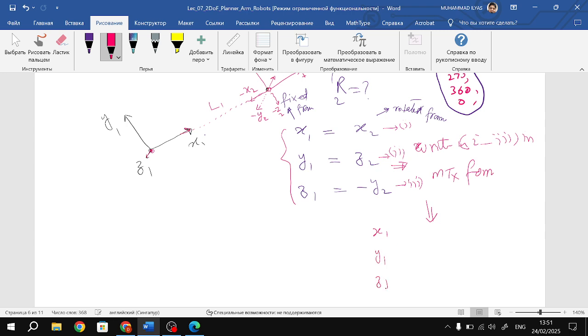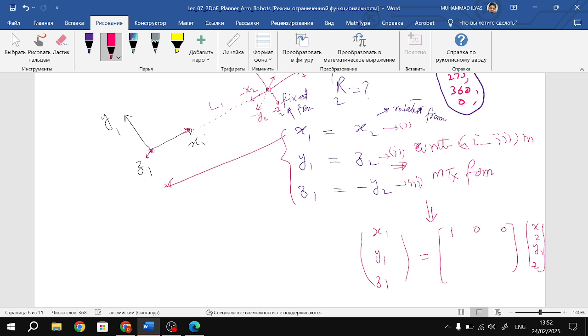x1, y1, z1 in terms of x2, y2, z2. What will be the first component of this matrix? x1 is equal to x2, right? So the first row will be 1, 0, 0.